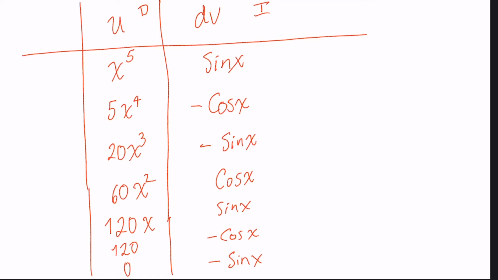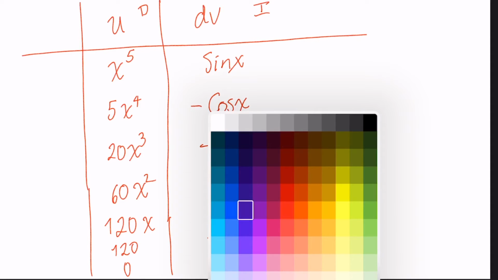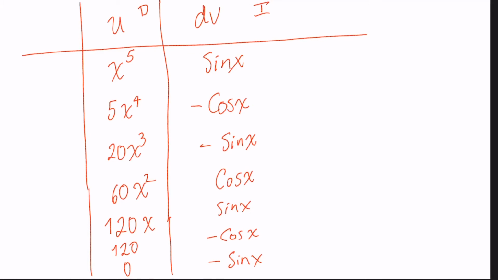Okay, so let's check it's doing it properly. Then minus cosine, minus sine, cosine, sine, minus cosine, minus sine. Okay, makes sense. Now we will make another column with sine.